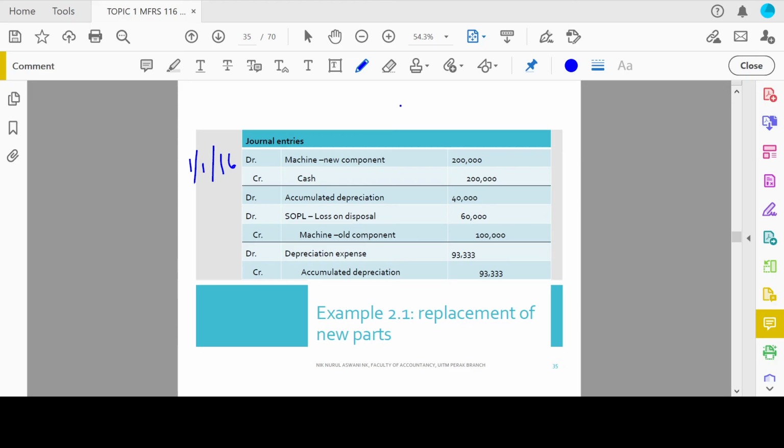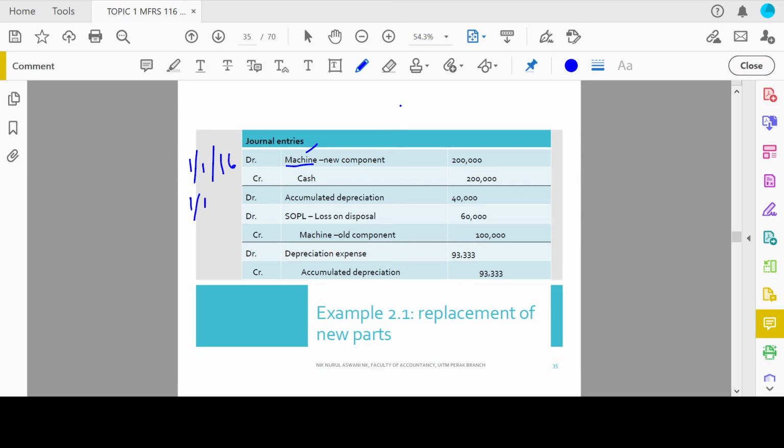So we are replacing components of a machine, so we are going to add that amount into the cost of machine. So debit machine, not new component but machine. So debit machine 200,000, credit cash 200,000.